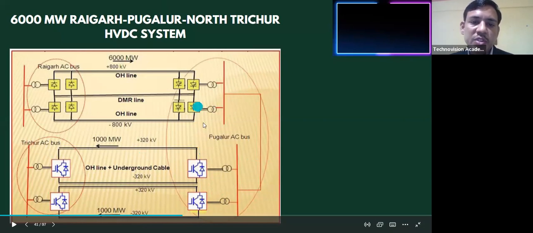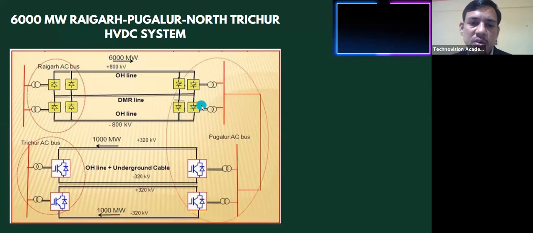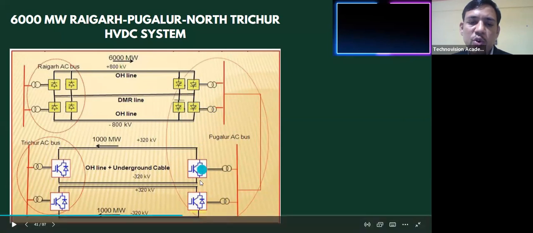Such a type of system was proposed by Reliance also previously, from Padghe 400 kV to RA, but because of certain issues that did not come into service. But this is just an example of the behavior of the converters. When you connect any current source converter and voltage source converter to the same bus, how will be the behavior of the converters?